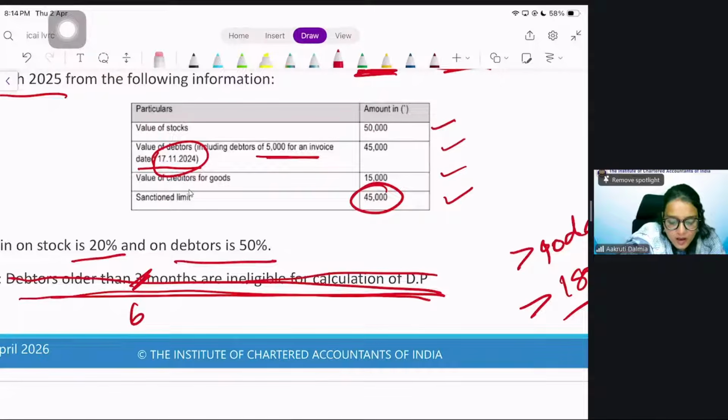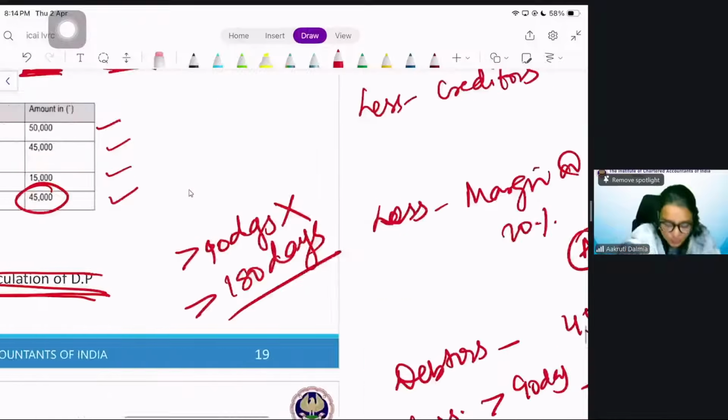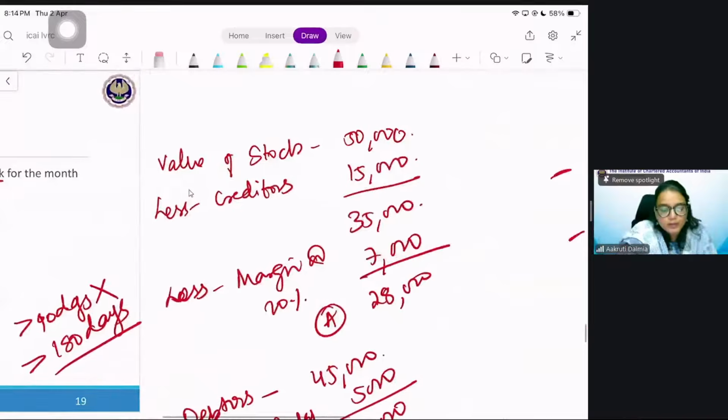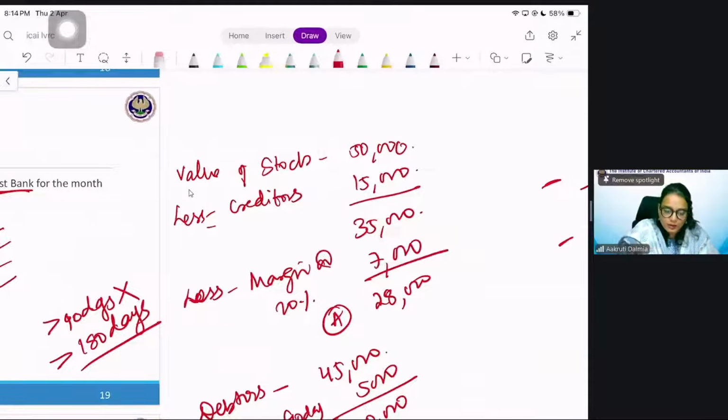Second question Astha asked me: ma'am, why do we deduct LC? LC अगर दिया है बैंक ने तो उसको भी हम स्टॉक में से क्यों माइनस कर देते हैं? Why do we remove it? So LC is given to you by the bank only. It means it is nothing but a future payment for the stock that is purchased.